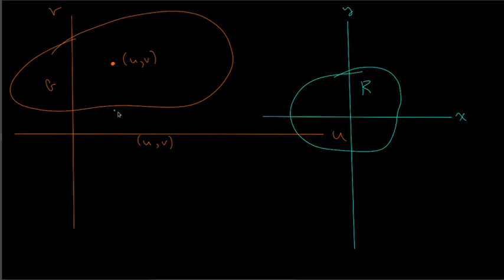Now, we can have different coordinate systems that have different scalings, but what we want to be able to do is transform from one coordinate system to the other, back and forth. We can look at the polar coordinates as a special case of this.